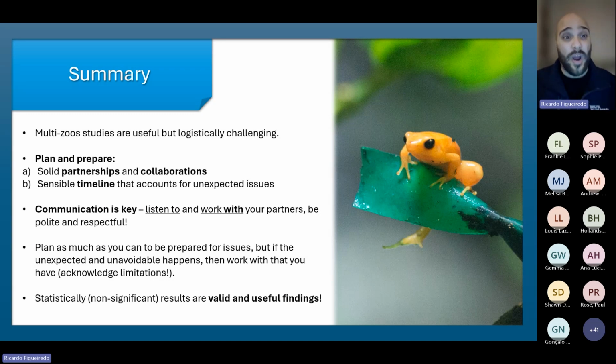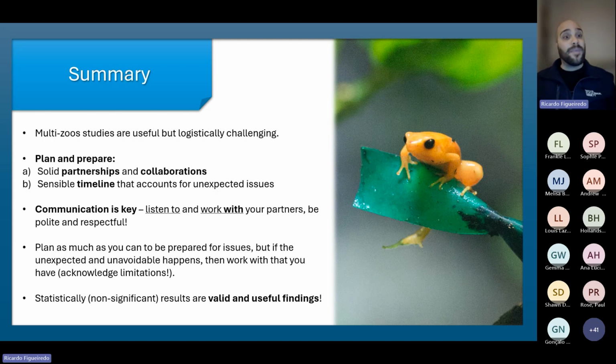They can require a lot of paperwork. They can require a lot of collaborations, which can at times be challenging. What you can do about that is plan and prepare the best you can. You can develop solid partnerships and collaborations with your zoo partners by being transparent from the start and respectful.